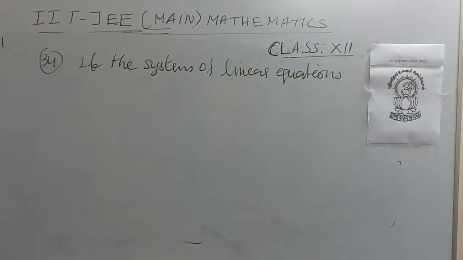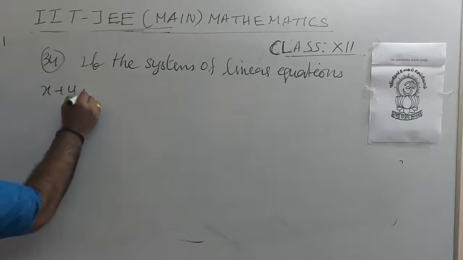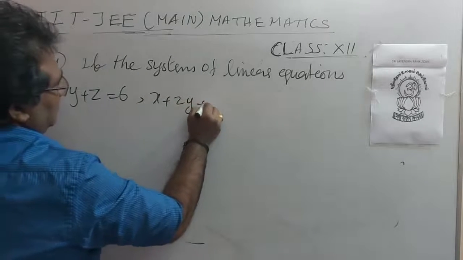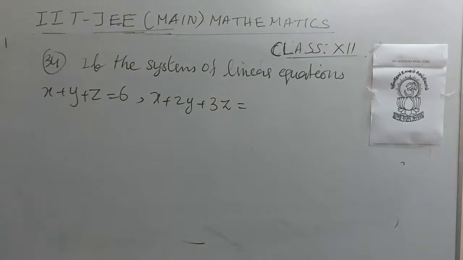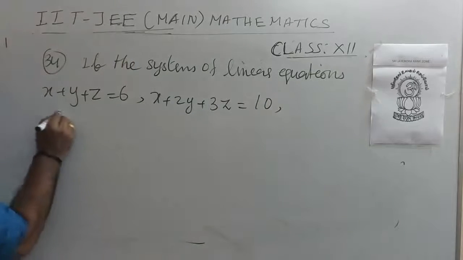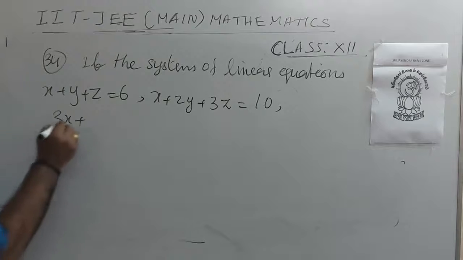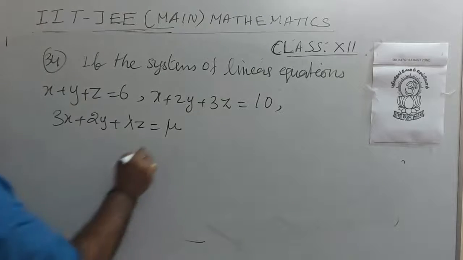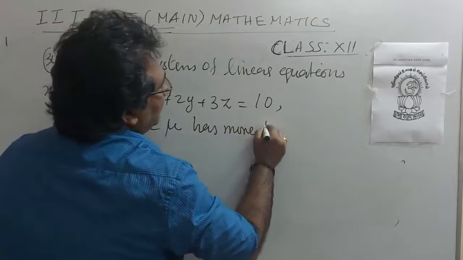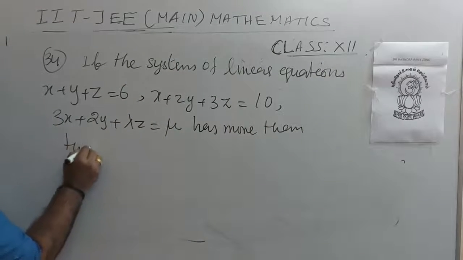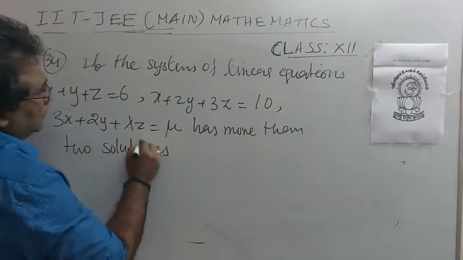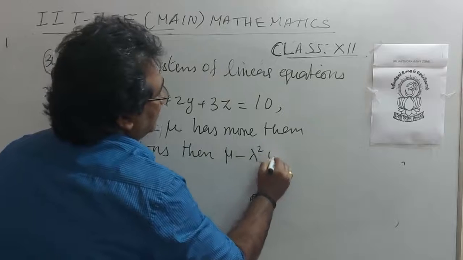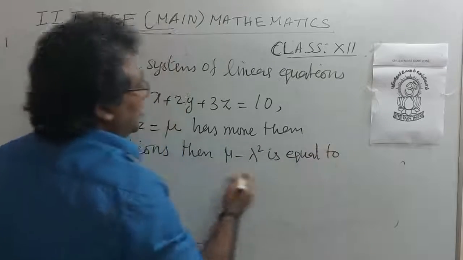If the system of linear equations x plus y plus z equal to 6, x plus 2y plus 3z equal to 10, 3x plus 2y plus lambda z equal to mu has more than two solutions, then mu minus lambda squared is equal to.